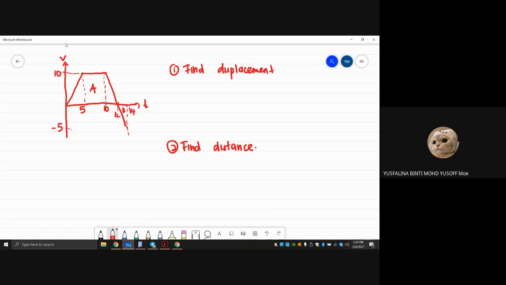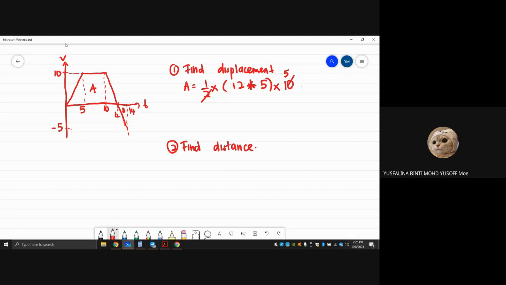Okay, so for displacement, so for A, right? So I use the formula of trapezium. Half times with the 12 plus 5, right? And you have to times with the height, that is 5 here.